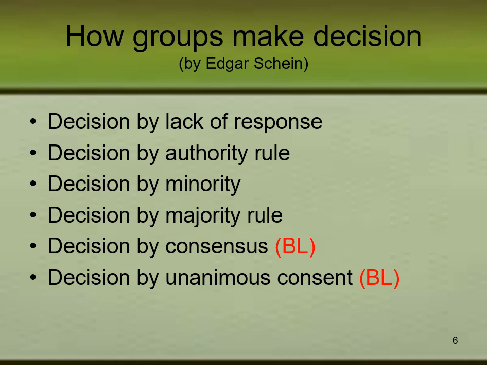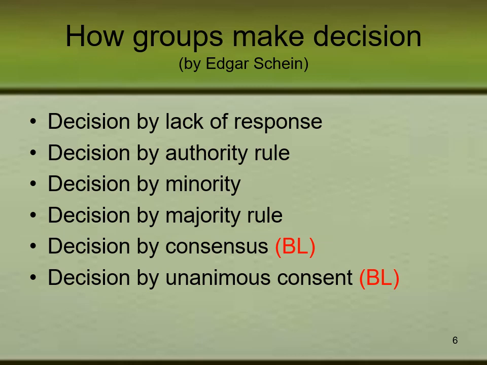In a simple way to explain, decision by lack of response is a situation whereby whenever group members give ideas, there is no response from other members. For example, you sit together as one group, then you are discussing something. Let's say member A threw out one idea. Whenever he or she throws out the idea, the other members do not say anything, just being silent. So there is no response from the other members.